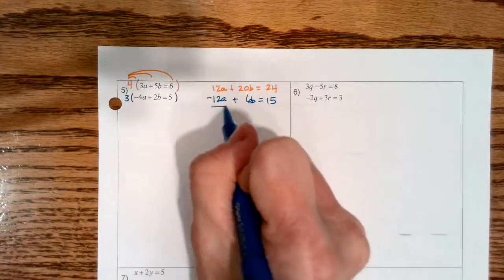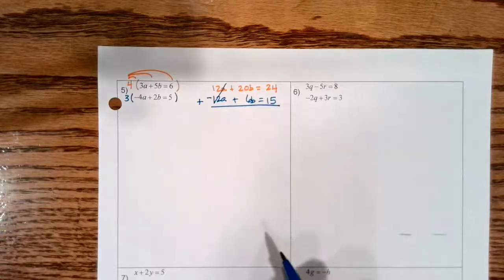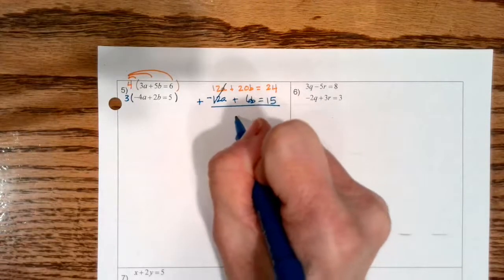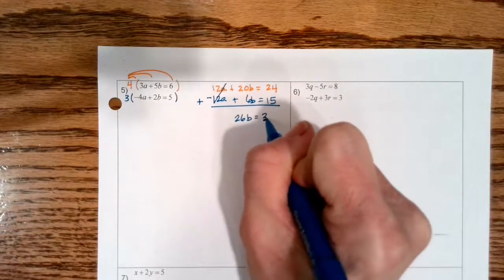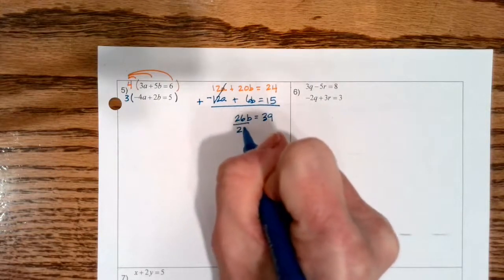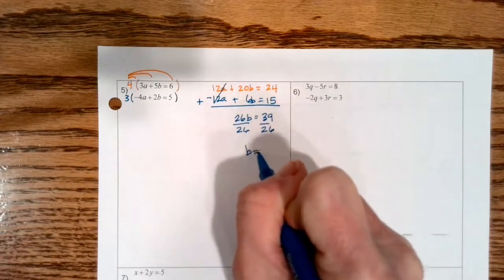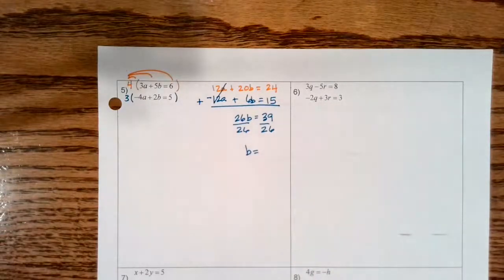When I go ahead and combine, away they go. 20 and 6 is equal to 26 b's. 39 divided by 26, divided by 26. So b is equal to this fraction. They can both be divided by 13.